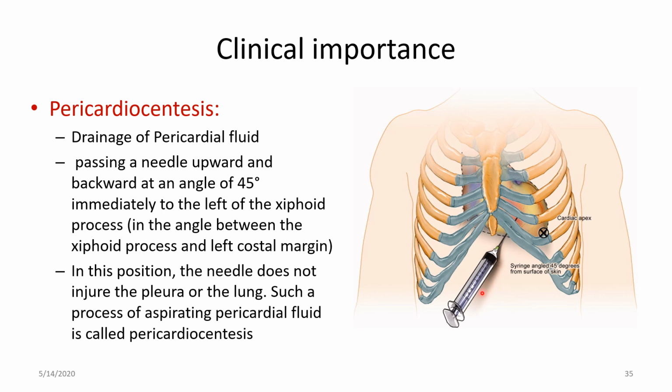In this, a needle is passed upwards and backwards at an angle of 45 degrees immediately to the left of the xiphoid process, in the angle between xiphoid process and left costal margin. So if it is passed in this direction, the needle will not injure the pleura or the lung. So now you know what is pericardiocentesis.